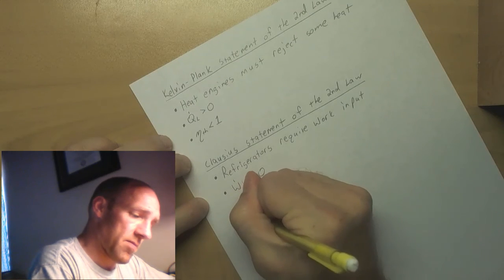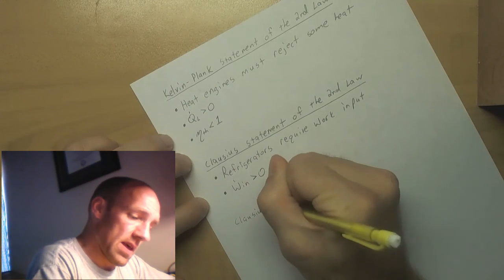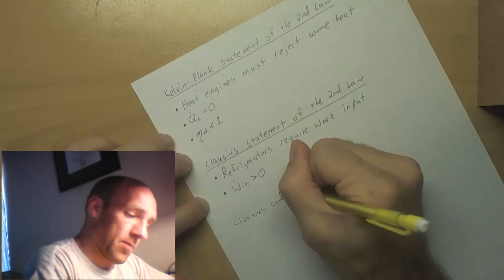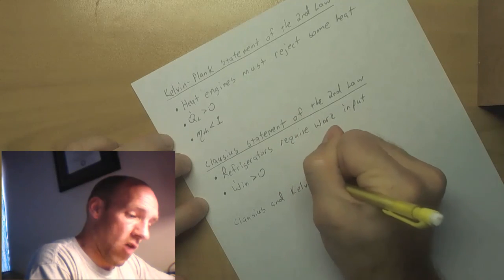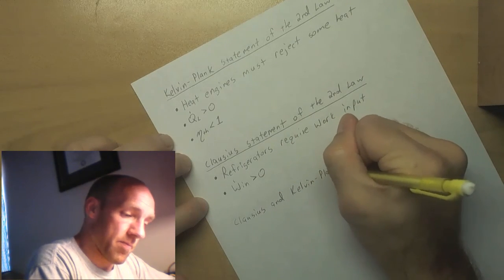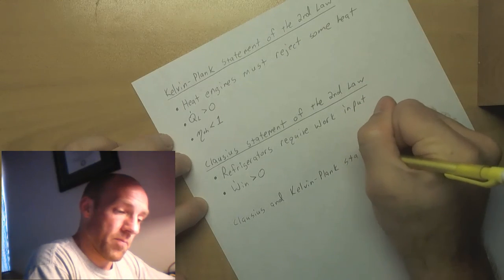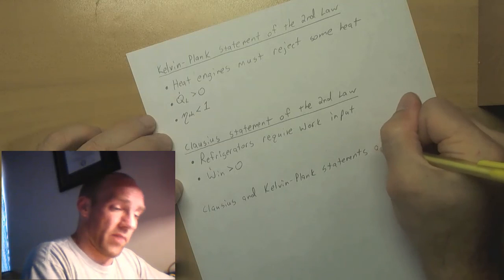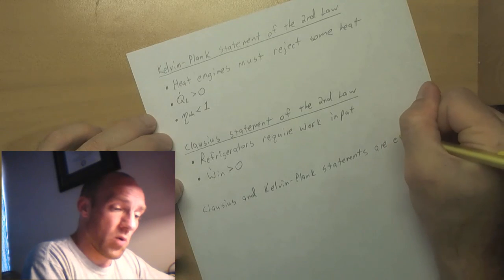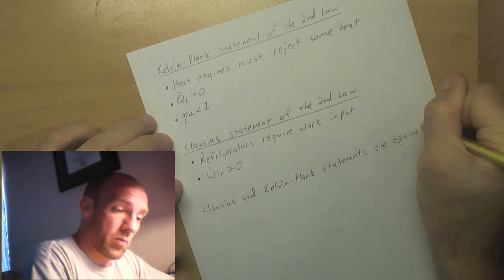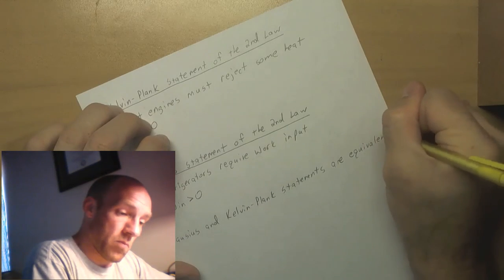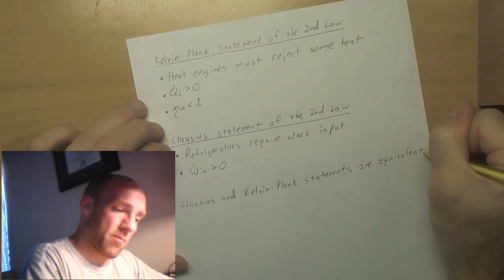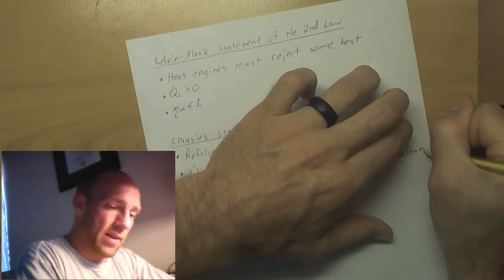It turns out that the Clausius and Kelvin-Planck statements are equivalent. I'm not going to go into it, but they can be shown to be equivalent. It's not difficult to show.